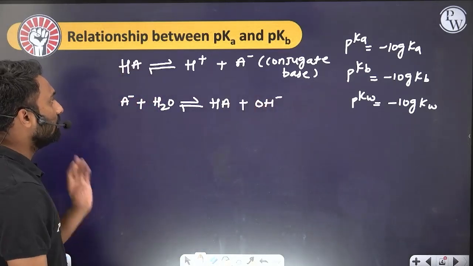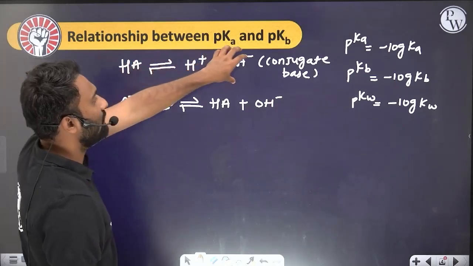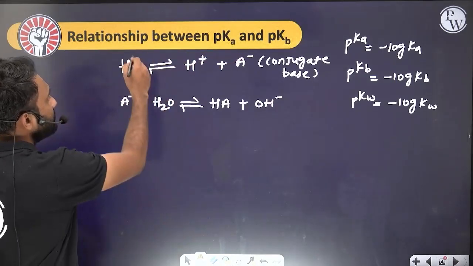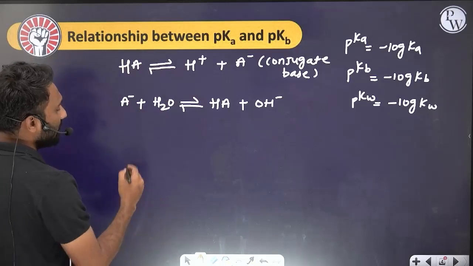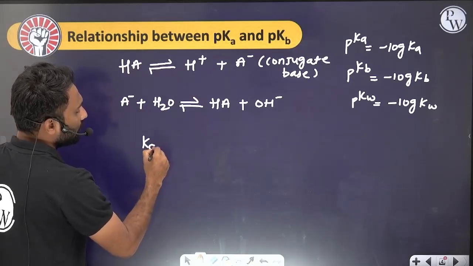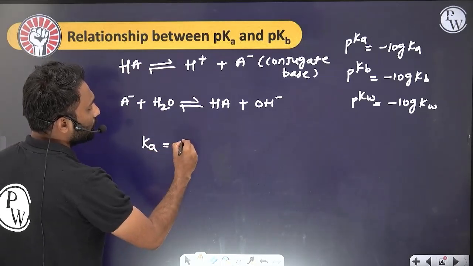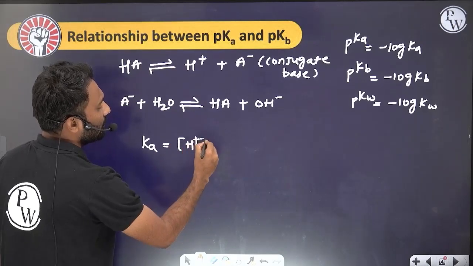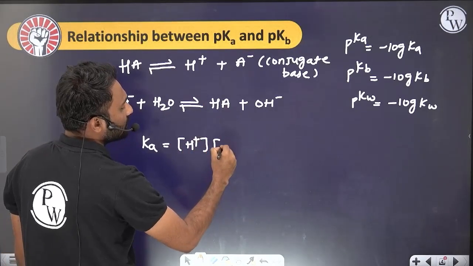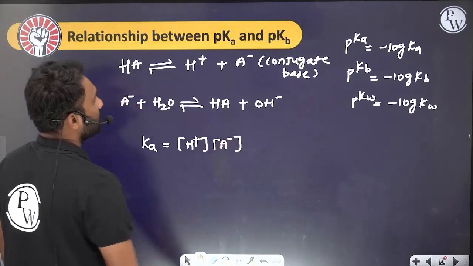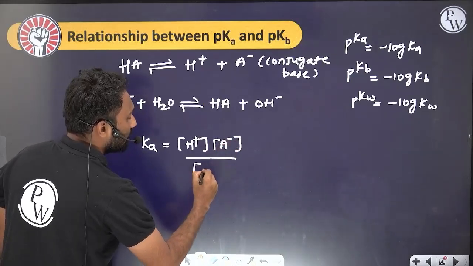Okay, is it clear? Now this is a weak acid. For the weak acid, how can the equilibrium constant come? Ka is equal to concentration of H plus and the concentration of conjugate base A minus divided by HA.